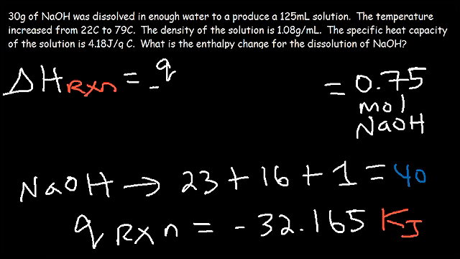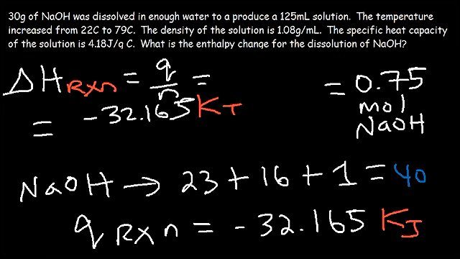So it's Q divided by n. So it's going to be negative 32.165 kilojoules divided by 0.75 moles.